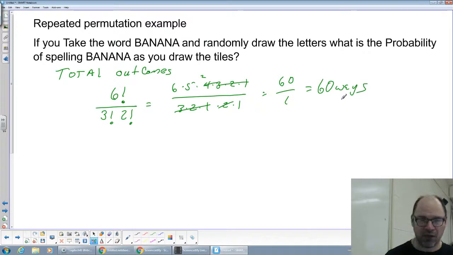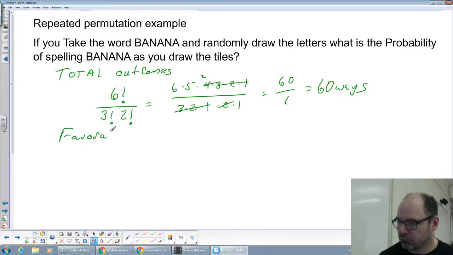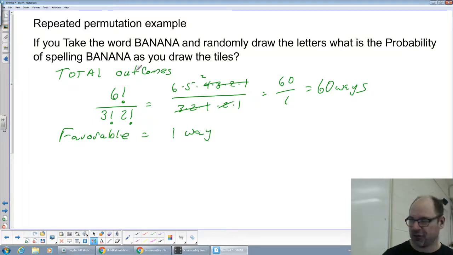Okay, now how many arrangements spell the word banana? Well, our favorable outcomes equal 1 way. There's only 1 way to spell banana in the English language. Even though there are repeated letters, you still have to have it in that order.